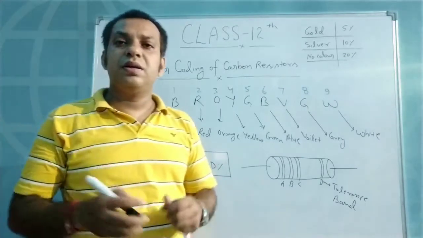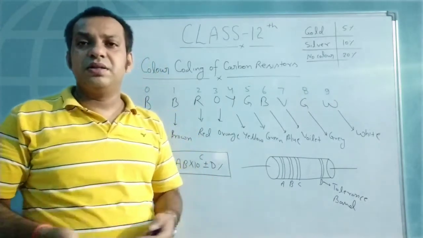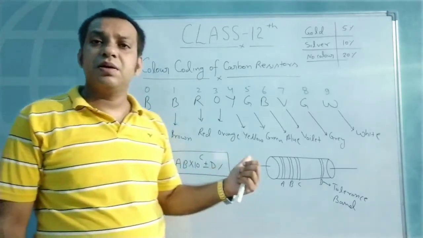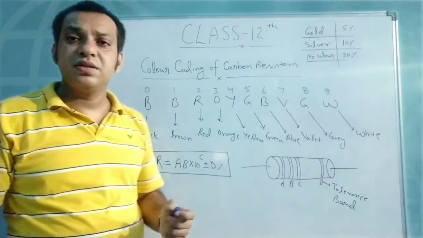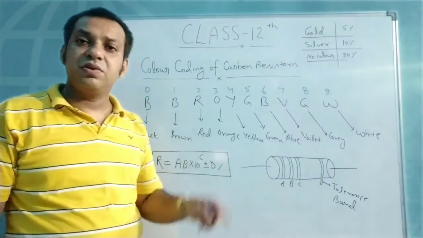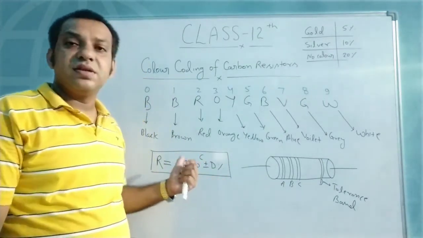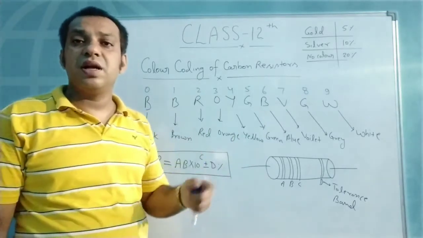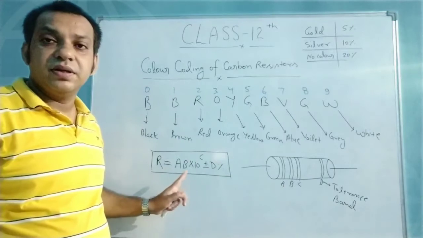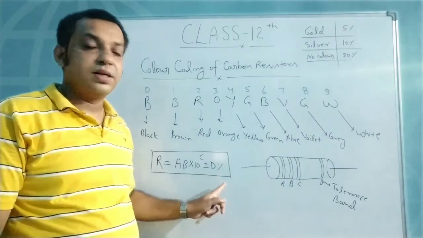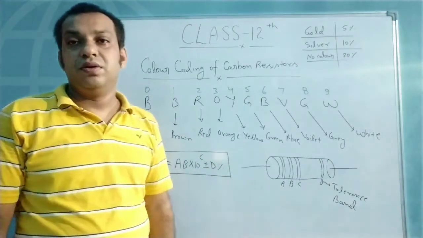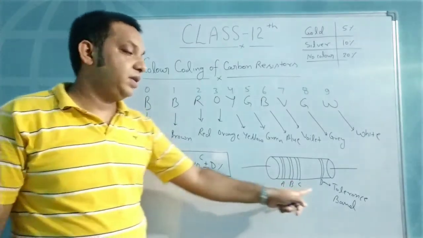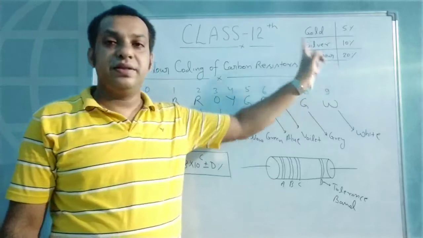For any circuit element, the surrounding temperature and some other parameters are changing, so the value of the resistance is not fixed. There is a fluctuation in the value of this resistance, and how much fluctuation is allowed is given by this tolerance band. Clear? So the D band is always measured by this chart.